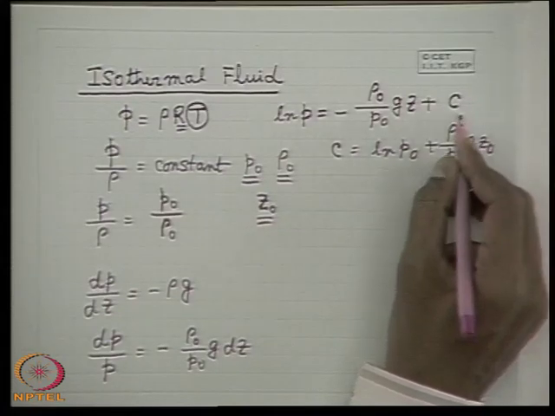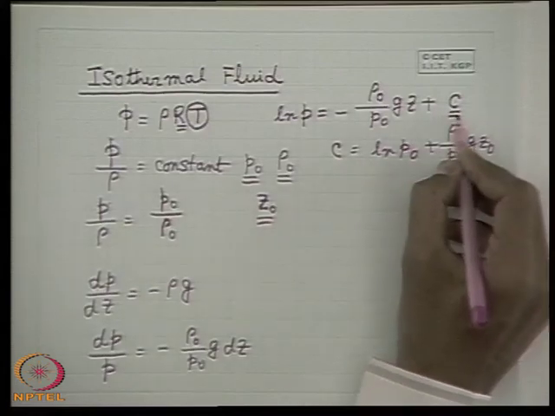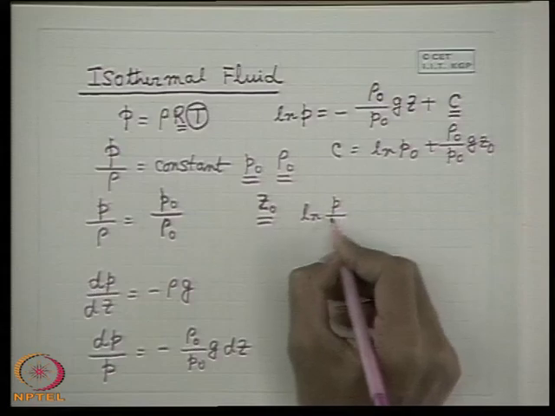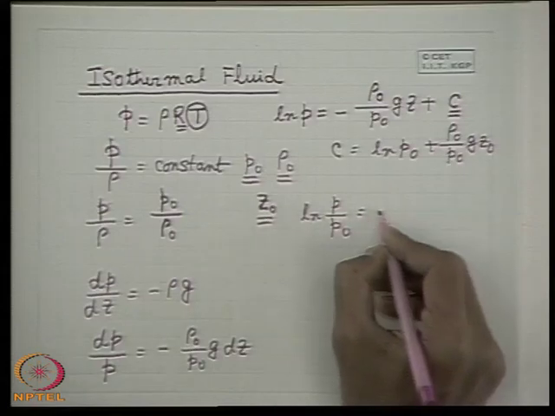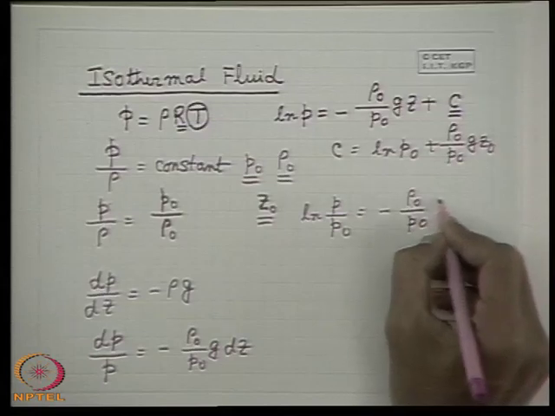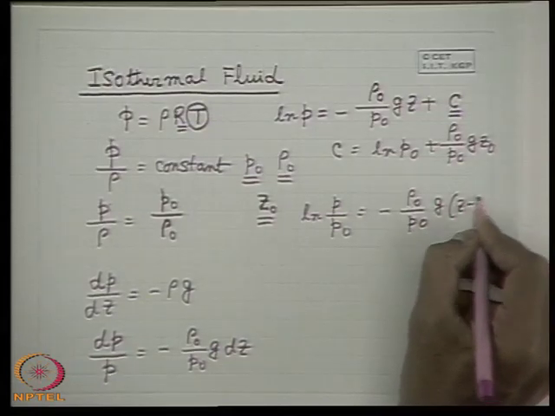If we substitute this value of C here, simple school level thing, we get ln P by P0 is minus rho 0 by P0 into g times z minus z0.